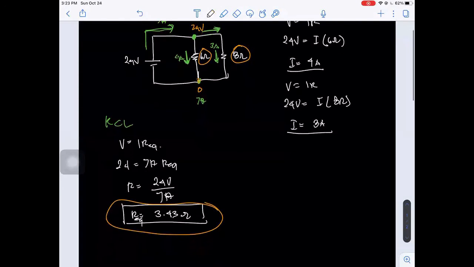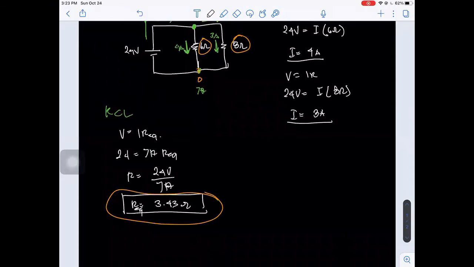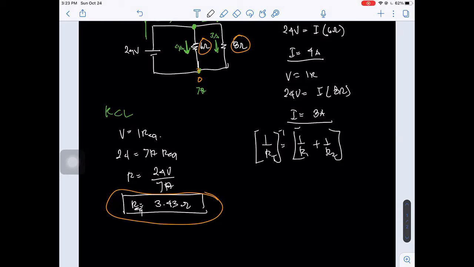Now, the second step is we can use this formula, 1 over RT equals 1 over R1 plus 1 over R2, all to the negative 1. So we have RT is equivalent to (1/R1 + 1/R2)^-1.